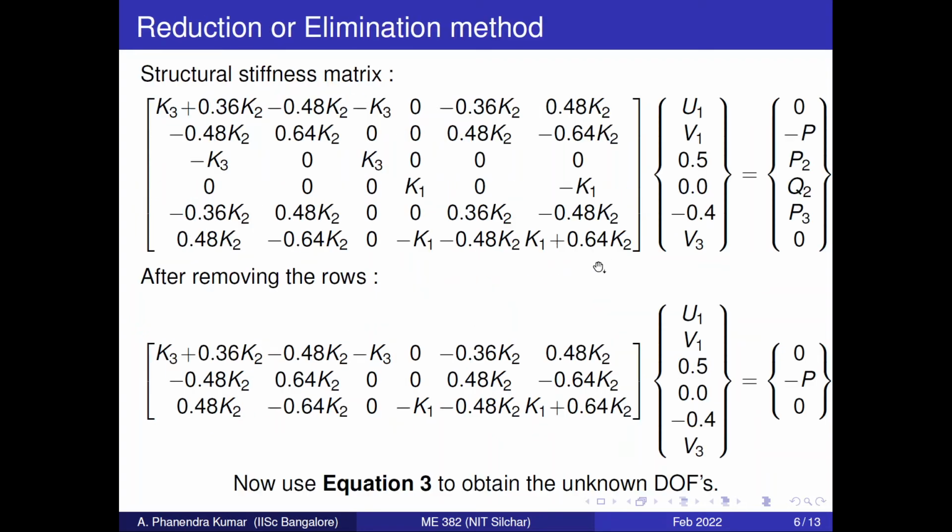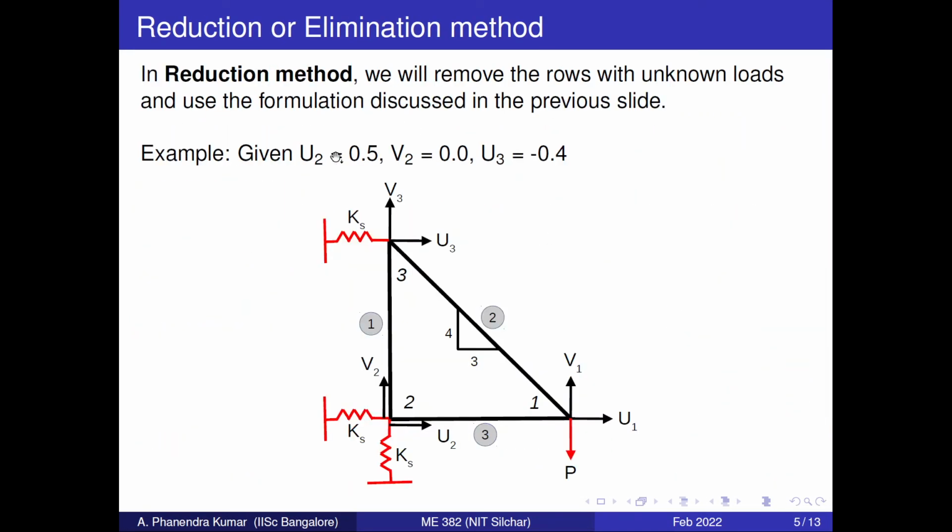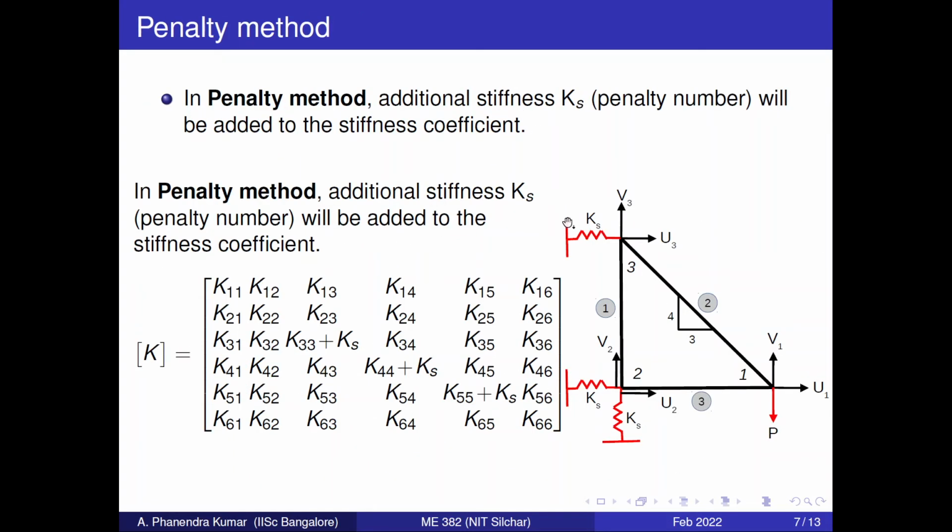Here, in the example, we have prescribed displacement for u2, v2 and u3. Even if it is 0, we still need to add the springs. So at u2 we have added a spring, at v2 also, at u3 also. These are the springs and the coefficients are Ks.